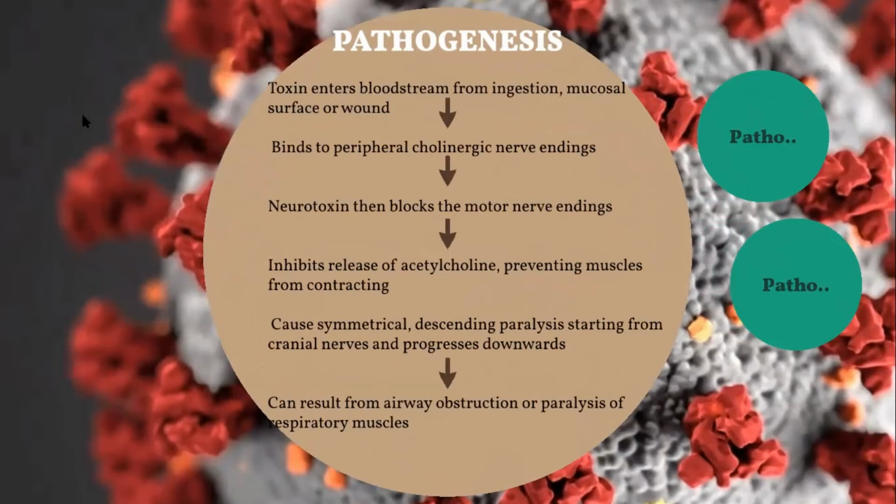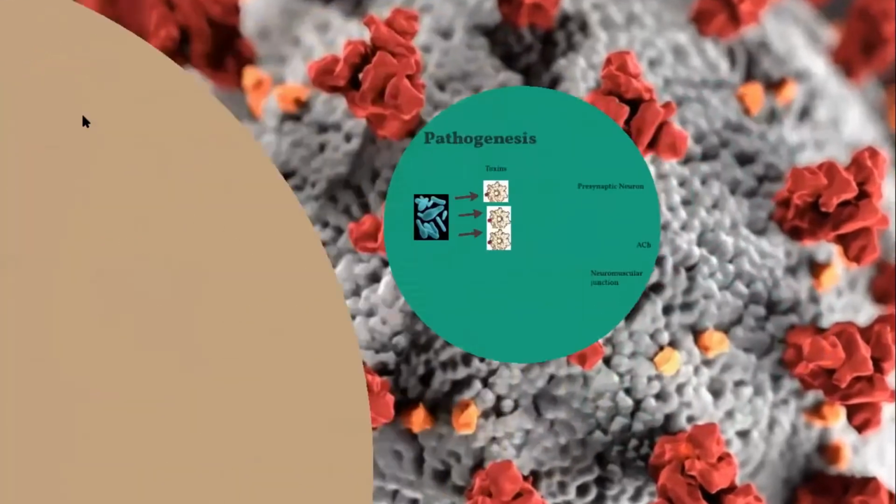The neurotoxin released by the bacteria will then block the motor nerve endings and inhibit the release of acetylcholine, preventing muscles from contracting, causing symmetrical descending paralysis starting from the cranial nerves and progressing downwards. It can result in airway obstruction or paralysis of the respiratory muscles.